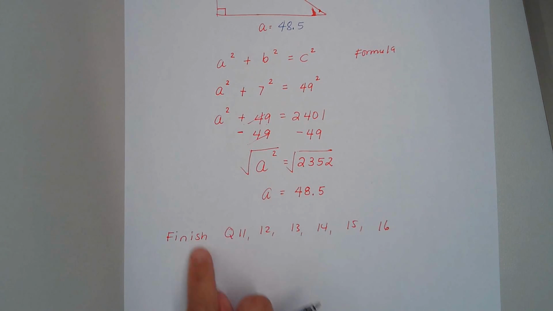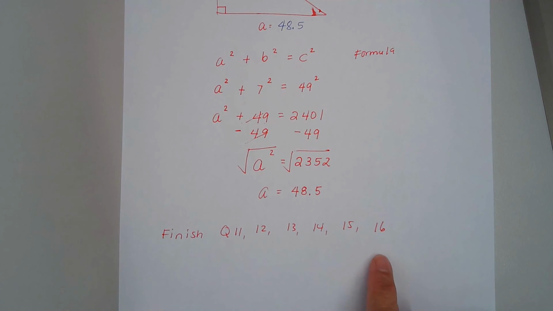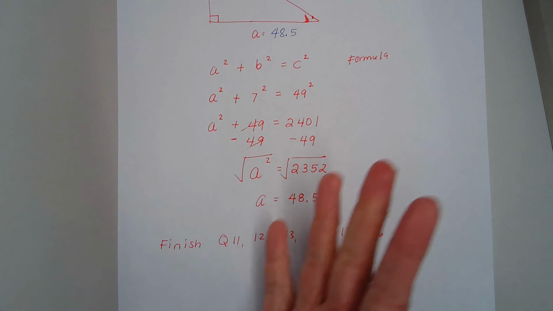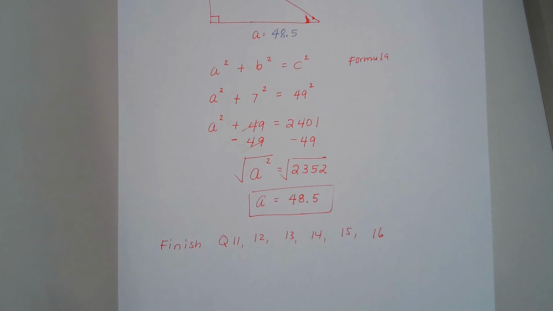Now, I just want to warn you here that some of these questions you're solving for the hypotenuse, the longest side, and some of these questions you're solving for a shorter side. So you have to decide which one's the longest, which one's the shortest. When do you add or when do you subtract?